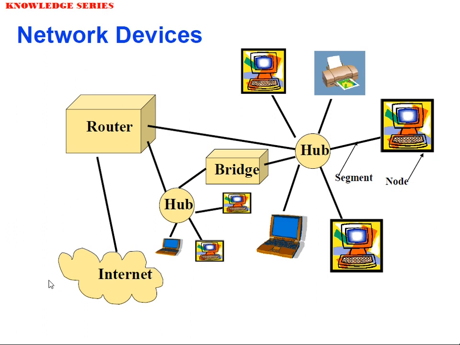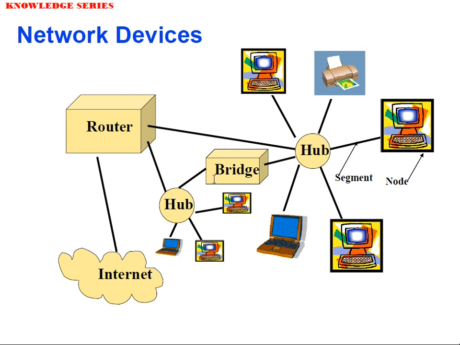You have seen my previous video on networks, where I discussed the internet, and wherever the internet is there, the router is going to come. A router is basically a traffic director of the global internet. It collects information from the various nodes through the devices, and thereby passes it on to the internet world.